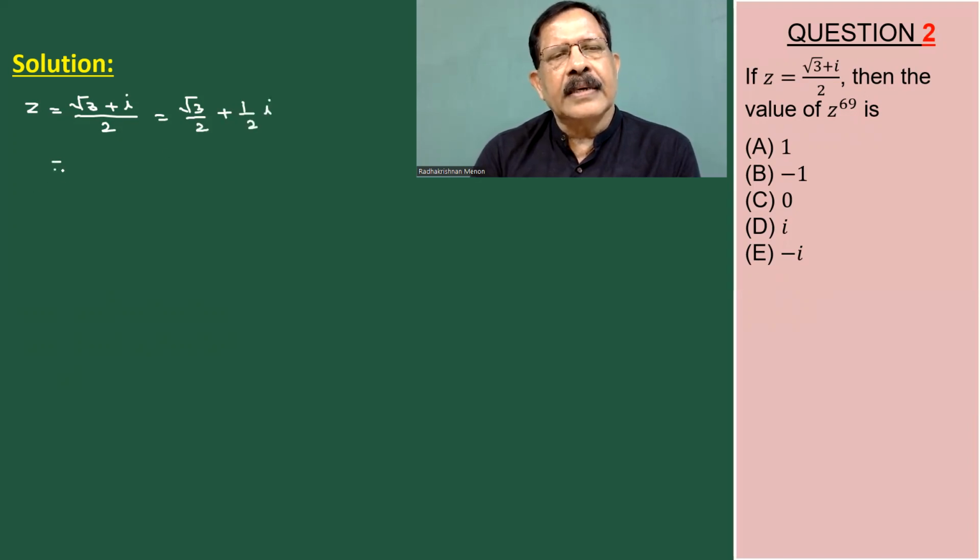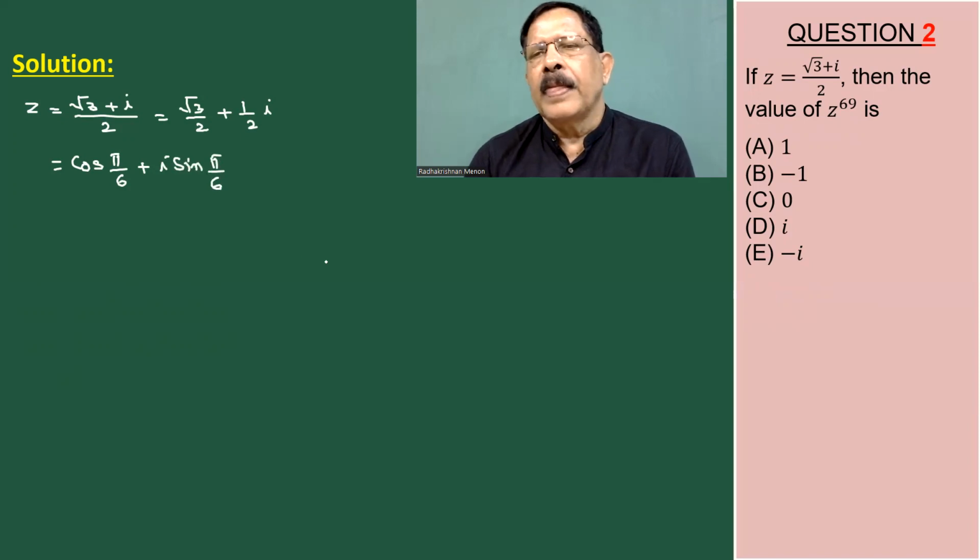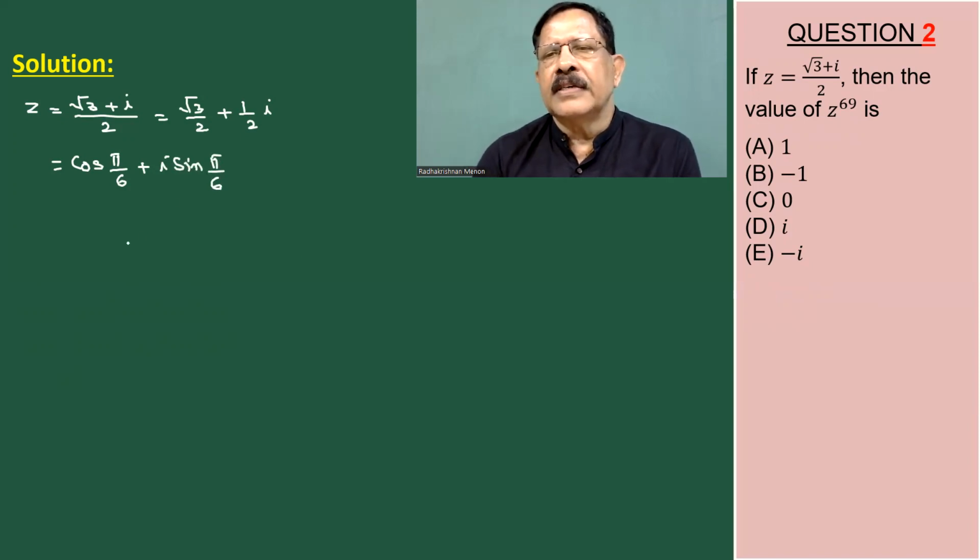Now, for what angle will cos theta be root 3 by 2 and sine theta be 1 by 2? So theta is equal to 30 degrees or pi by 6. So this we can write as cos pi by 6 plus i sine pi by 6. You are being asked to find Z raised to 69.